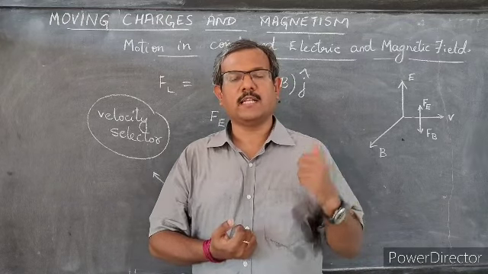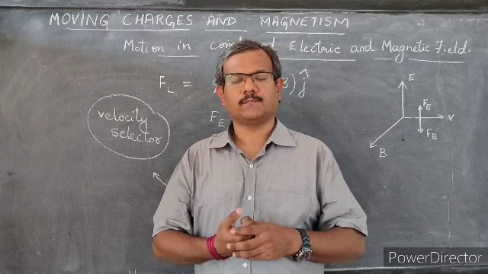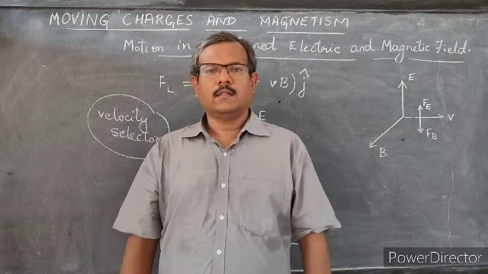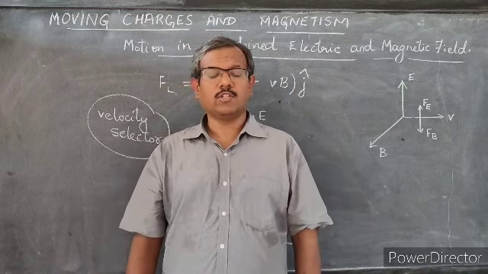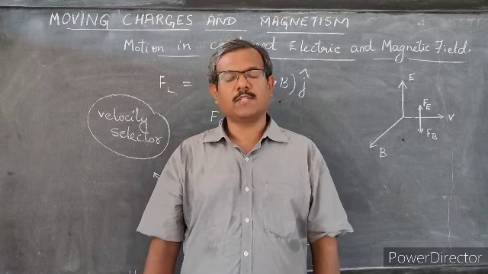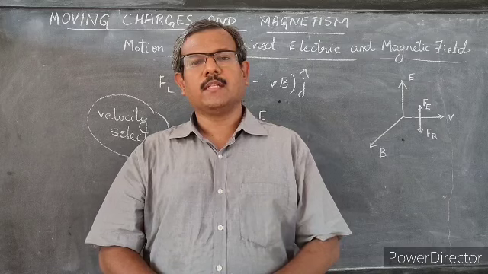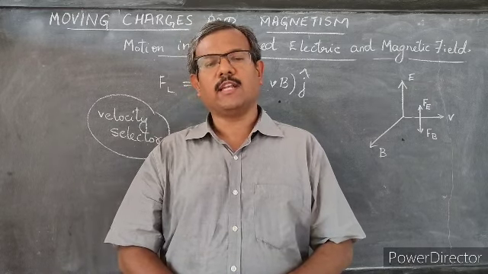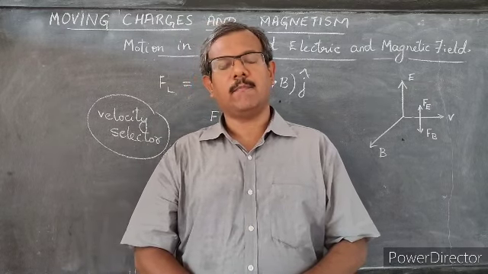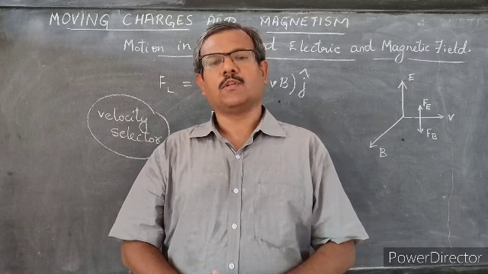So mass spectrometers work on the same principle. The same principle was also used by J.J. Thomson in 1897 to find the charge to mass ratio of an electron, the e by m ratio of an electron.